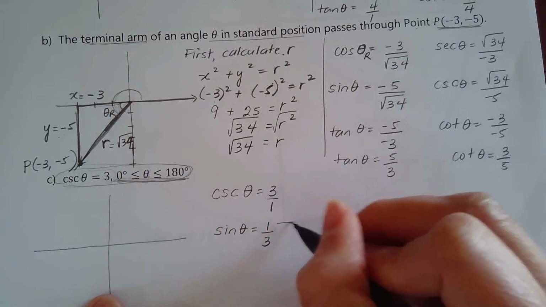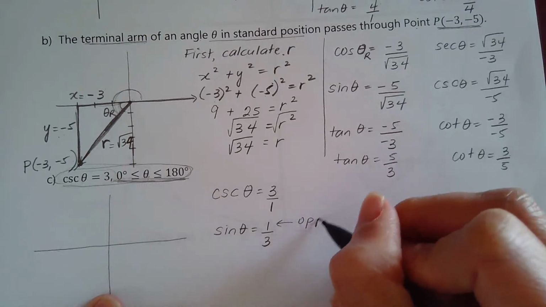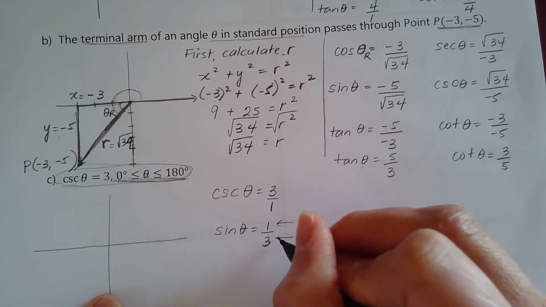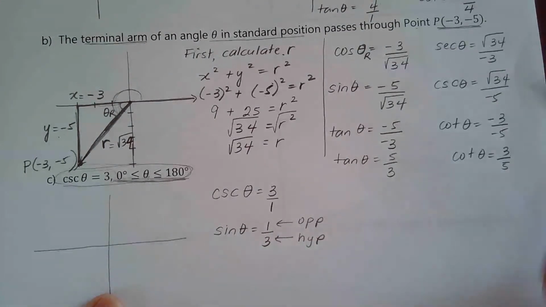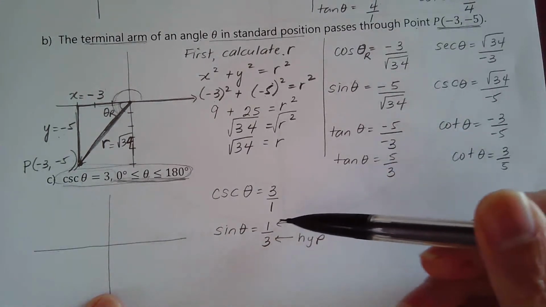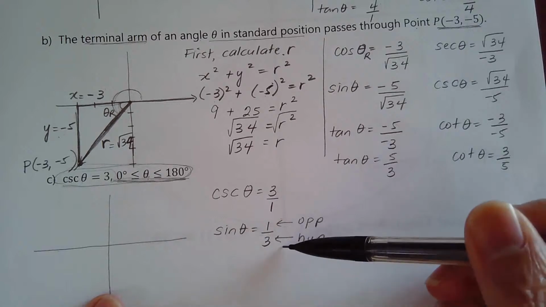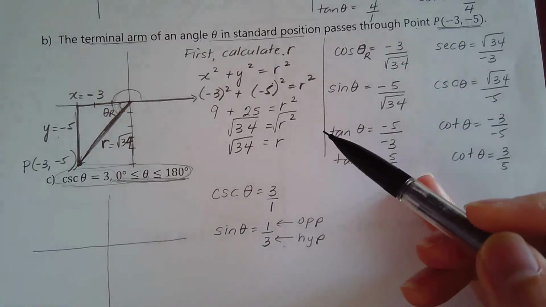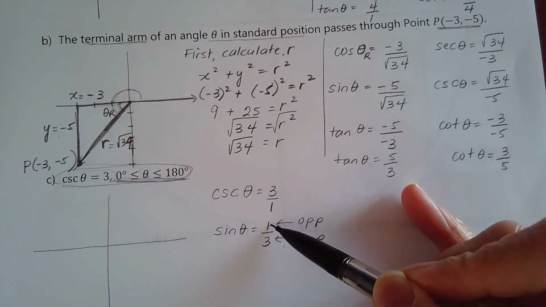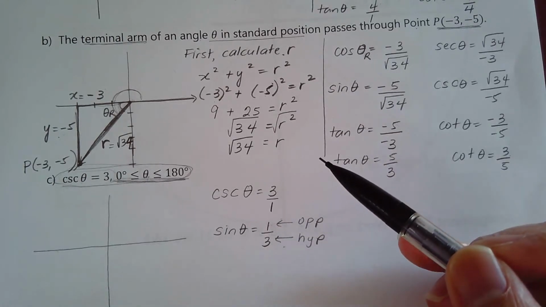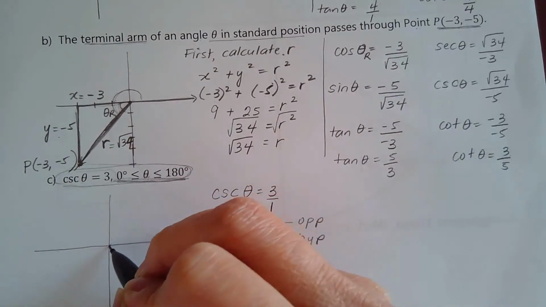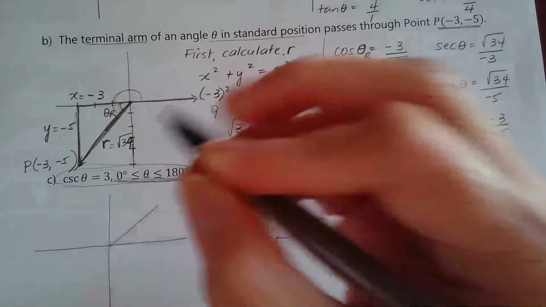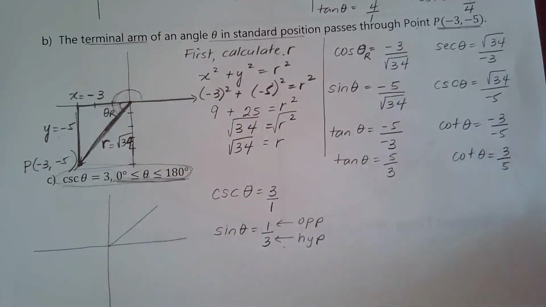So that means this is the opposite side over the hypotenuse. So opposite is 1, hypotenuse is 3. Because sine is positive, it's going to be over here.